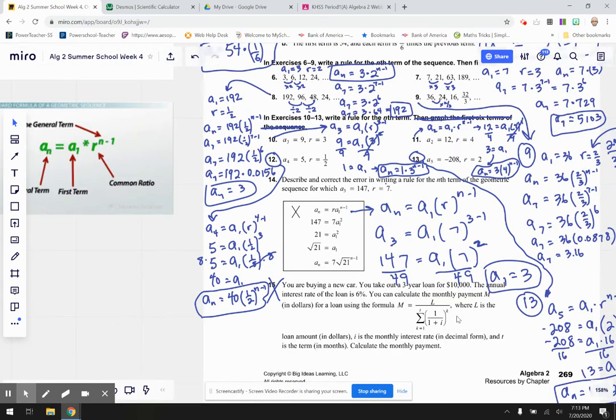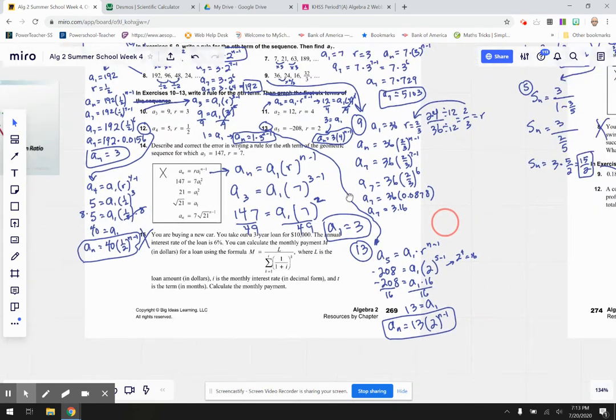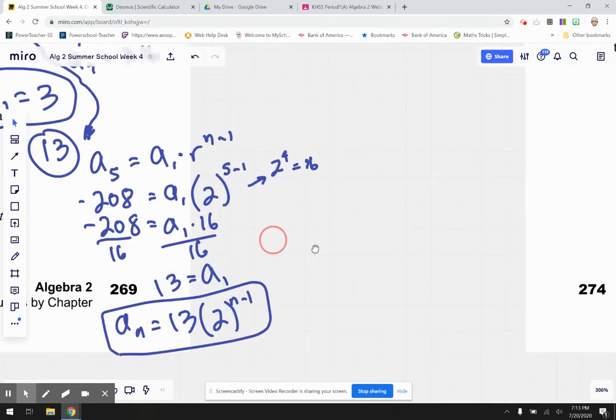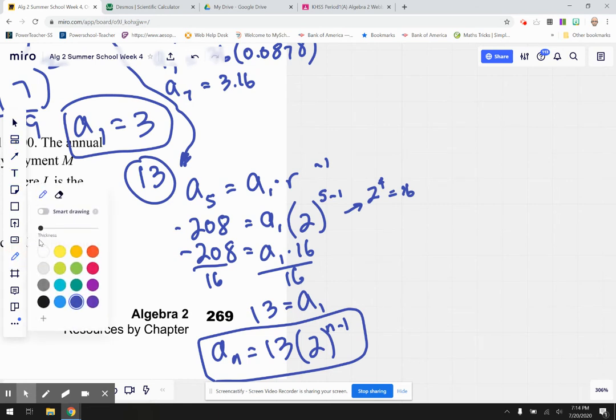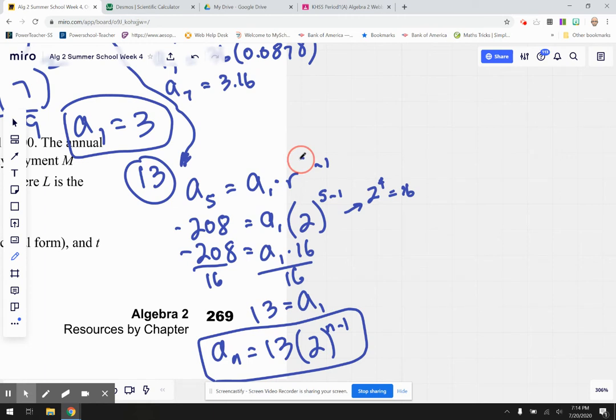And then 13 I did way down over here. Okay, so I rewrote kind of our formula. If this is a 5, then this is going to be a 5, which I plugged in down here. But let me fix that here too so that it doesn't confuse you. Okay, so this would be a 5.